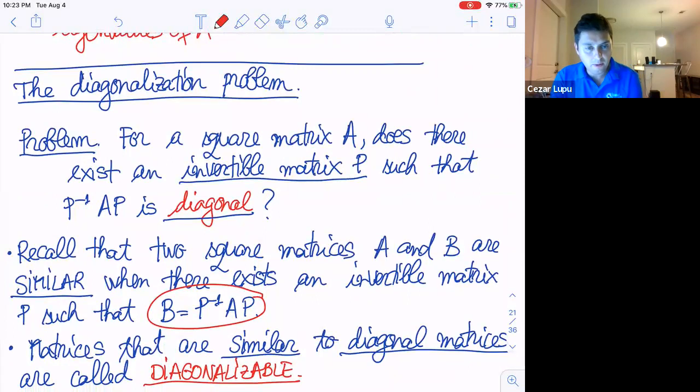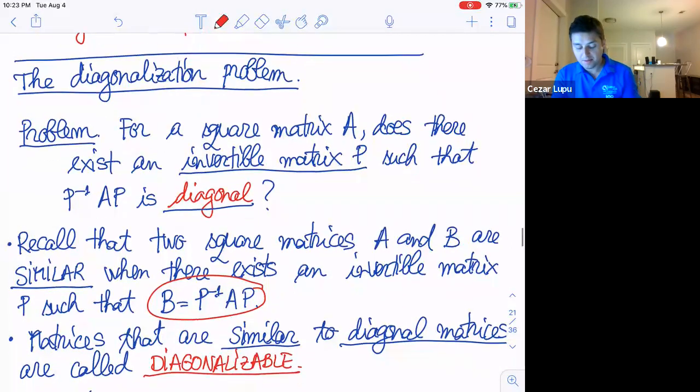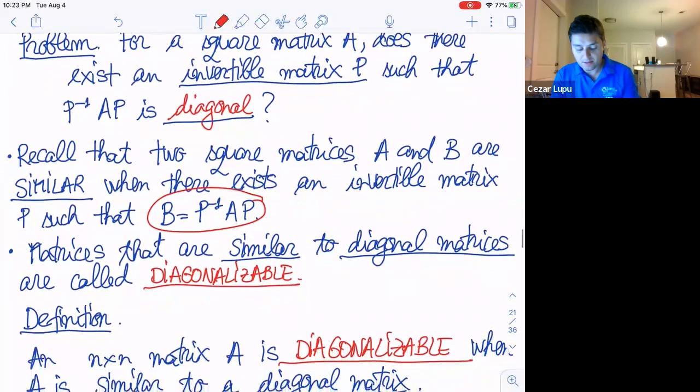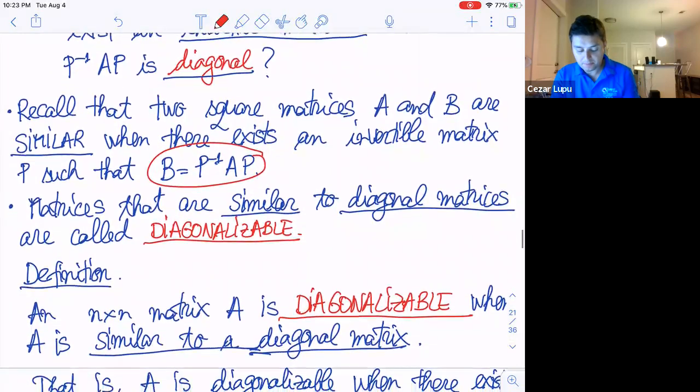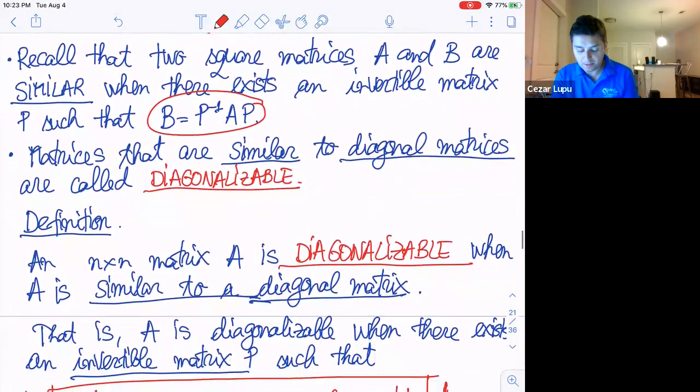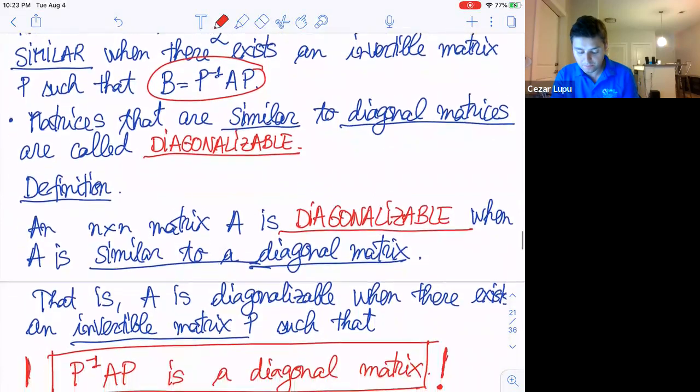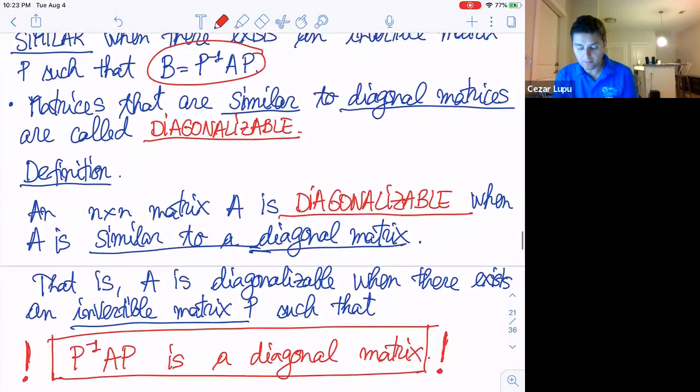And now we want to point out that matrices that are similar to diagonal matrices are called diagonalizable. Let's give the definition for a diagonalizable matrix.